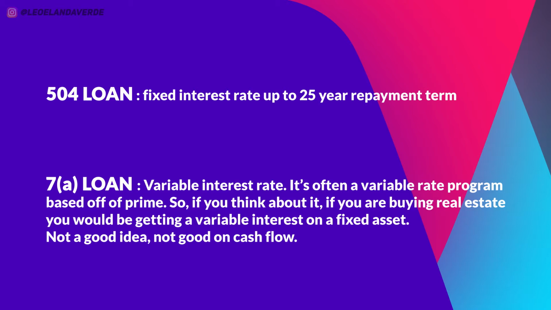You're not gonna have that with a 7A loan. It's gonna be prime plus a couple of points, and it's gonna be variable. That means that it's gonna go up and down with the fluctuations of the market. You do not want that, a fixed asset with a variable interest, variable payment. So those are the main differences in the interest rate.